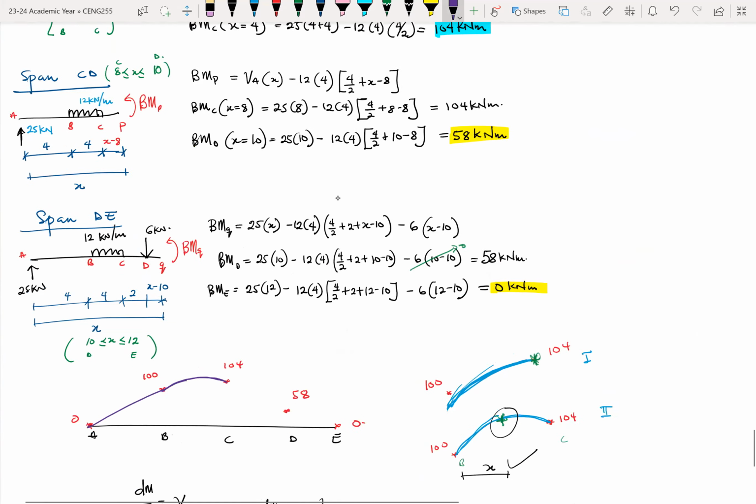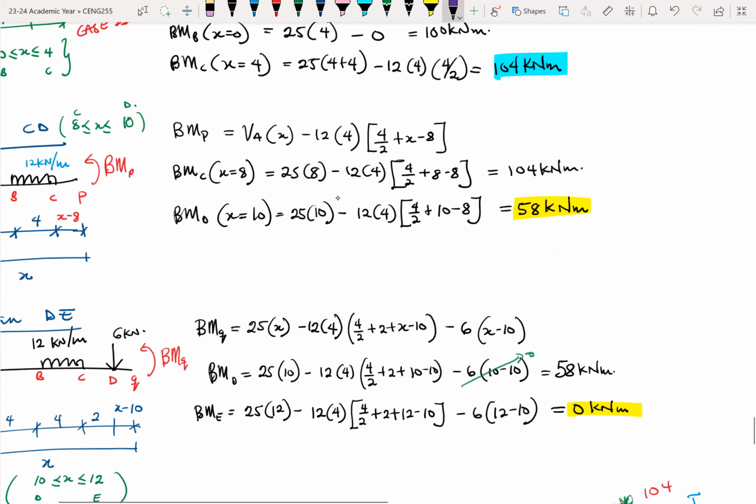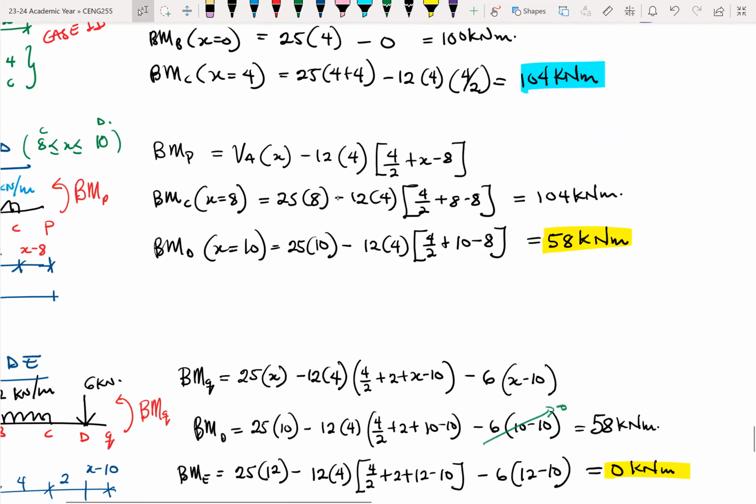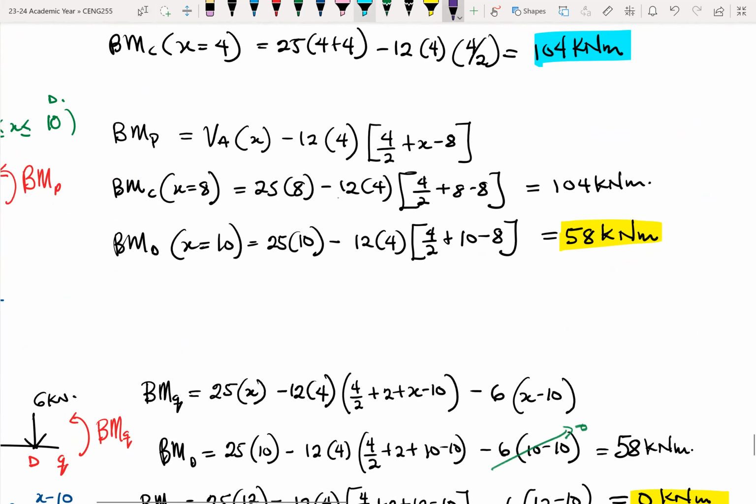Now, when we come to span CD, this is our equation. All right. And the highest exponent of x is 1. Okay. So this gives us a linear equation.